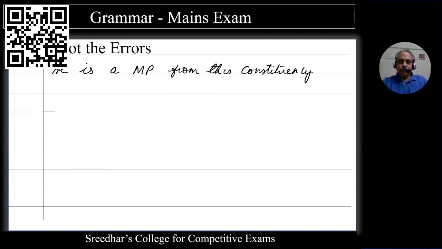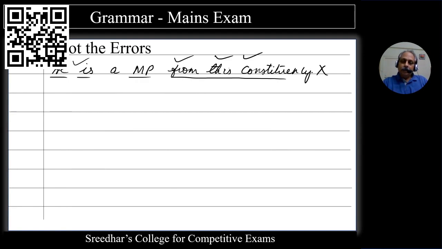There is no time; for facts, we don't have to use the time. He is a MP from this constituency or that constituency, a particular constituency. Now, where is the error? This sentence is wrong. Here you have to look at the subject, he, third person singular, is, no problem. From this constituency, nothing wrong with this, or that constituency, nothing wrong with that.